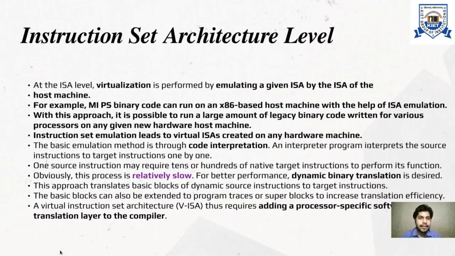The very first layer is the instruction set architectural level. At ISA level, the virtualization is performed by emulating a given ISA by the ISA of the host machine. So here the emulation process is being done by the ISA of the host machine. As I have said before, this is the lowest level.